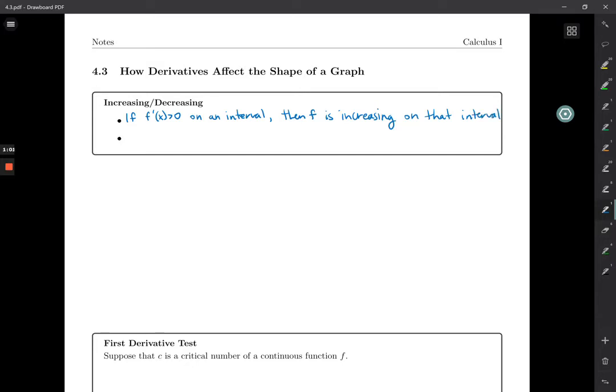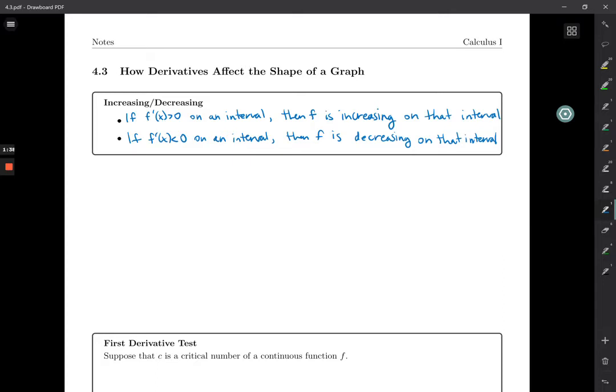Okay, and then conversely, if f prime is less than 0 on an interval, then we can conclude that f is decreasing on that interval. Okay, so these are two facts that we've talked about before, but it's good to just review them.